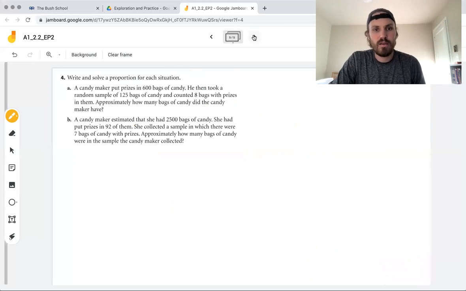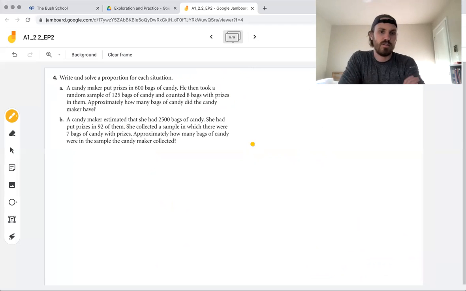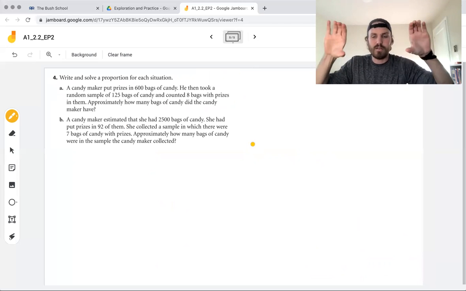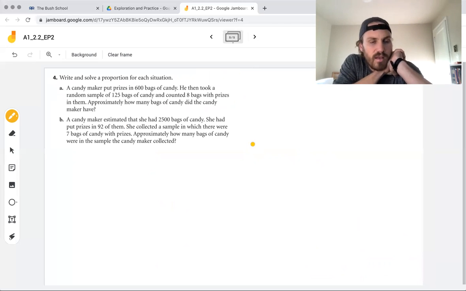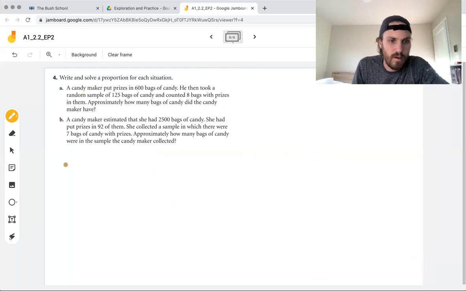Okay, the last one here is number 4, write and solve a proportion for each situation. So remember, the units here, here, here, here, all those units have to match. A candy maker put prizes in 600 bags of candy. All right. A, 600 bags.